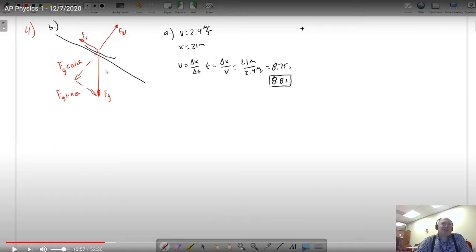Well, sure enough, there'd be way less force down the hill if theta gets smaller. So yep, this is going to be sine, this is going to be cosine, so this is angle theta. If this were theta, and we say, what happens if theta gets smaller? The only way to make this angle smaller is to have this go more vertical. Well, if this goes more vertical, this leg of the triangle gets longer, so this would be cosine. So if in fact this were theta, this would be cosine and this would be sine.